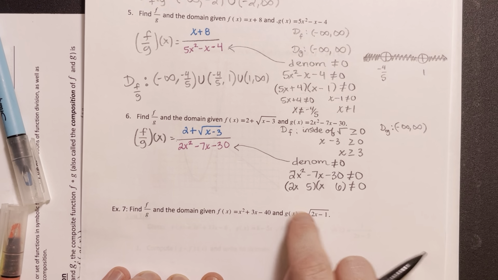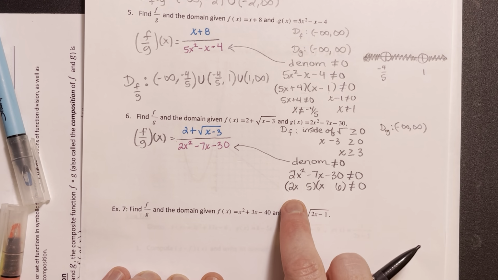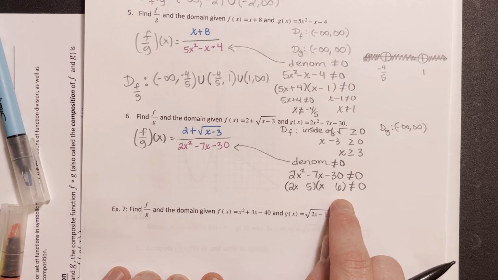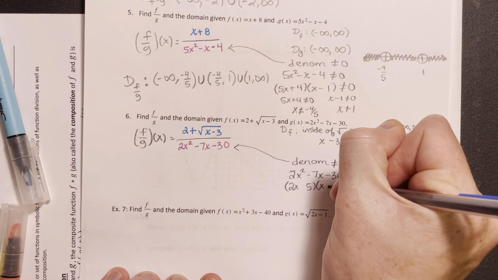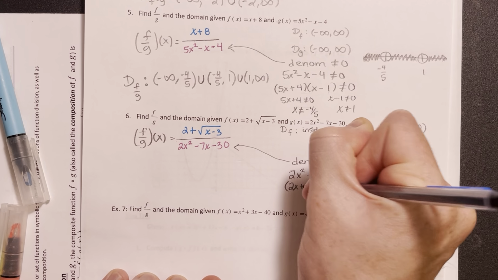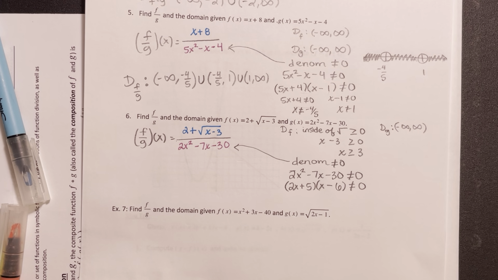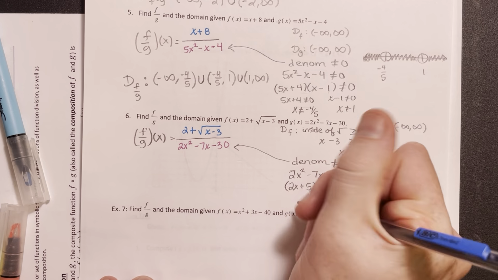Inside, that's 5x. Outside is 6 times 2x, so 12x. 5x and 12x can give me a negative 7x if it was a negative 12x and positive 5x. So there's our factored form.